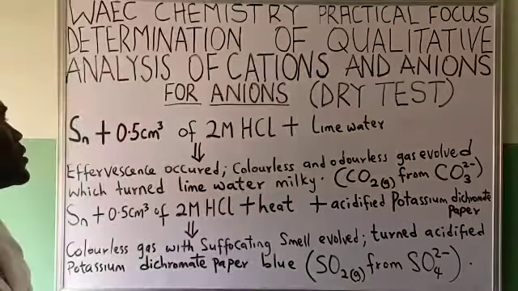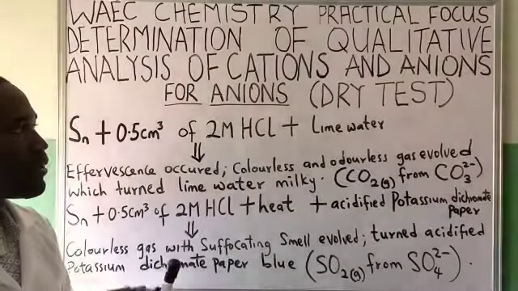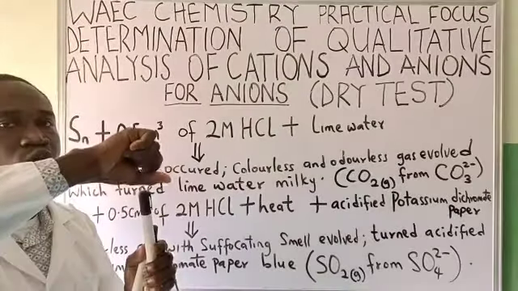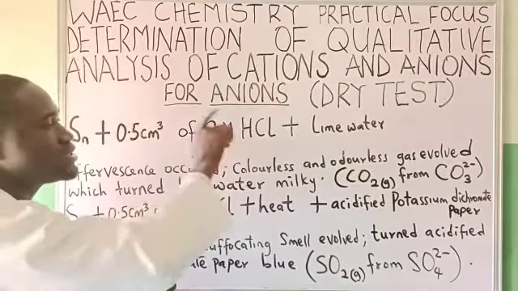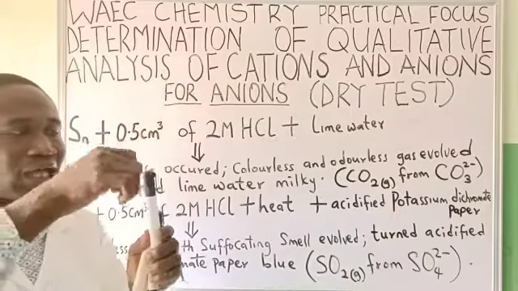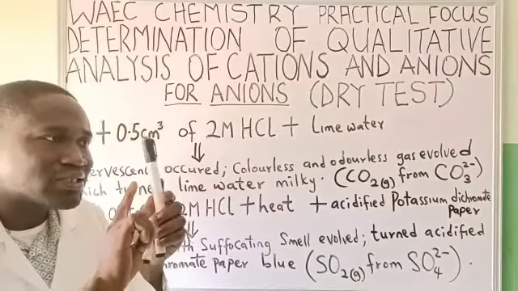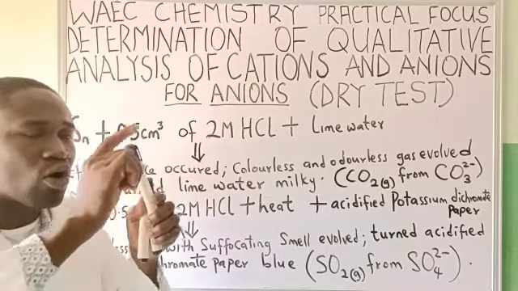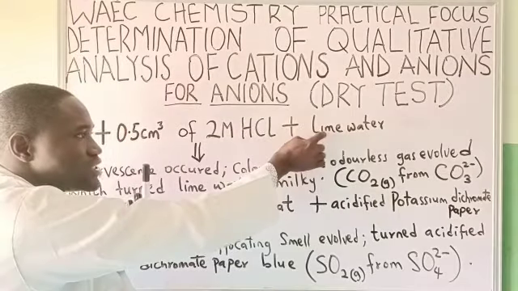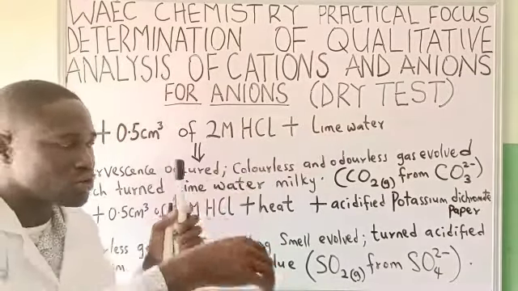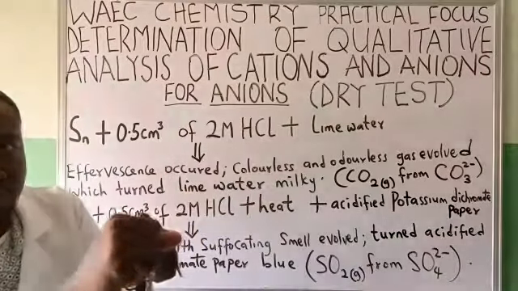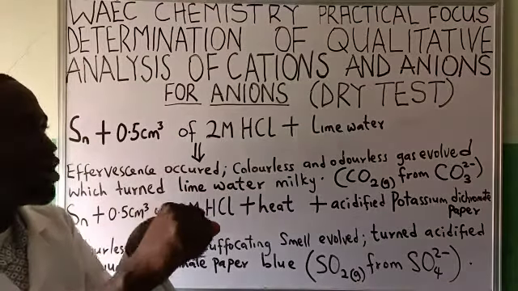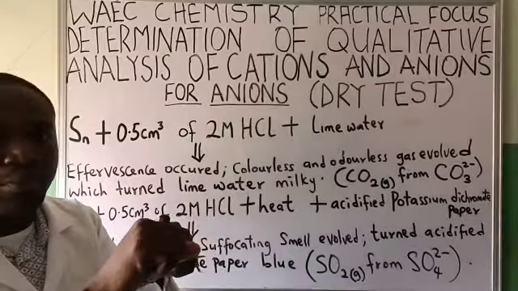So that means when I get my dry salt sample and I add few drops of 2 molar HCl inside it, as I'm adding it, that effervescence will occur. As that effervescence is occurring, make sure that the lime water is handy, very close by, just pick it and check if it will turn the lime water milky.